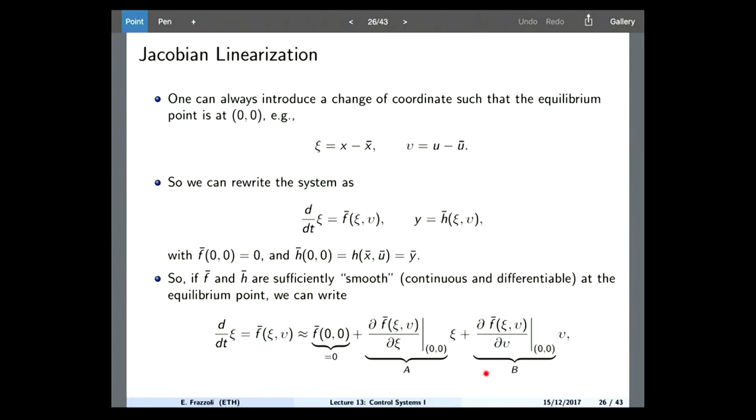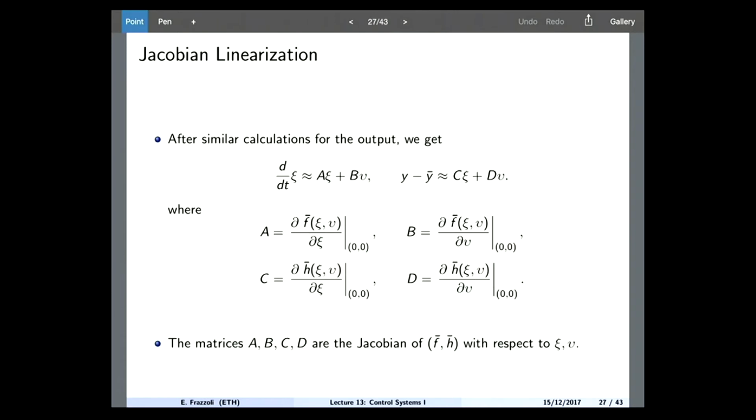This matrix is something that we call A, right? Plus the matrix of your partial derivatives with respect to the control, which is what we call B, that multiplies your control increment, okay? So what we get is this new state space model, right?